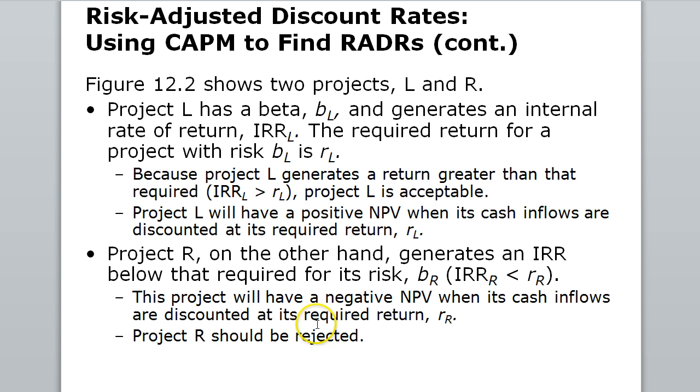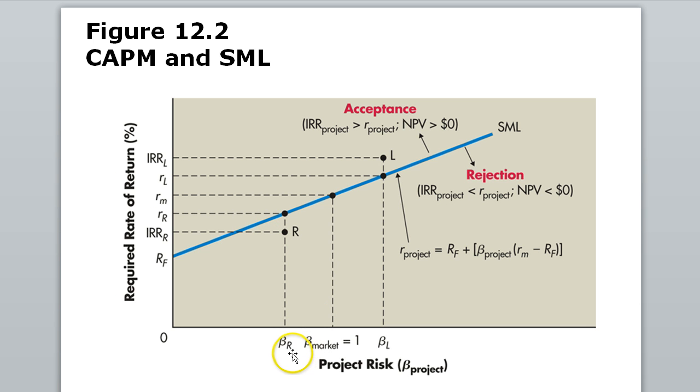If we look at this scale, we have project R and project L. You see that project R falls below the security market line. We want projects to be above this line. The market is basically this line here, where the market return meets the beta of the market.